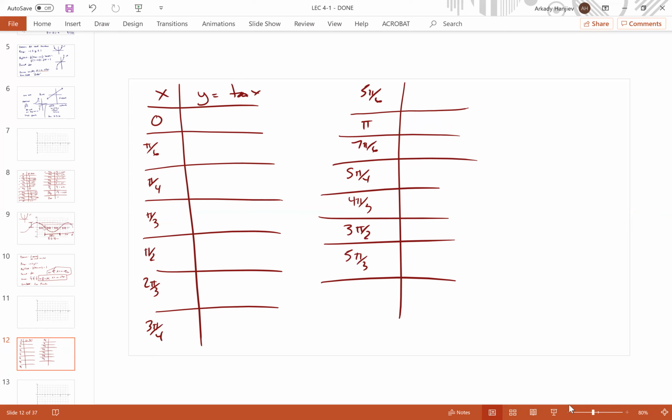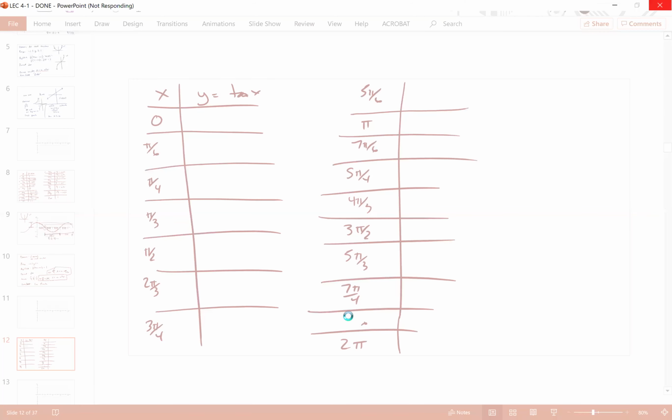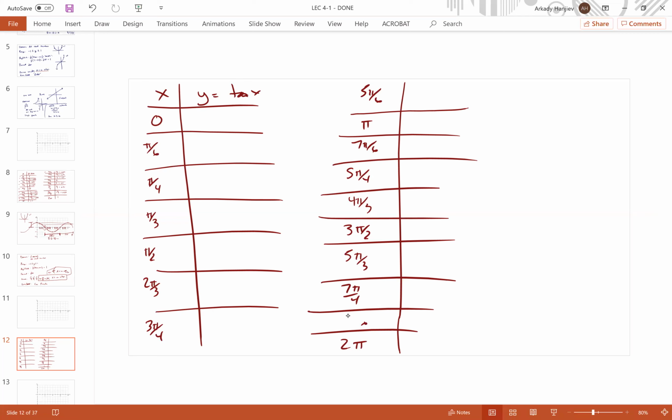That may be a little squished here, but we'll see. 7 pi over 4, 11 pi over 6 and 2 pi. There it is. Okay.